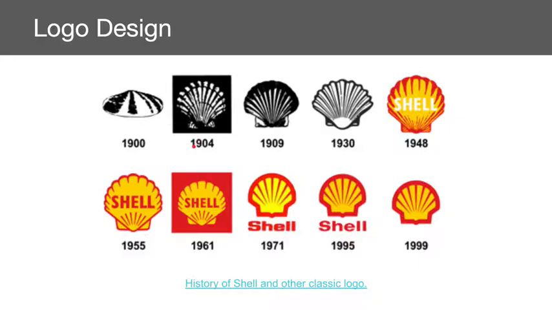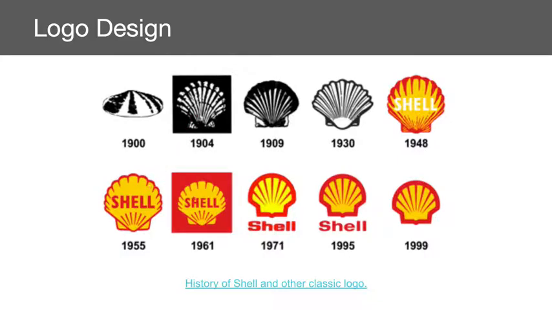But then you can see how it progressed a little bit into a full profile view of the shell, and then it becomes more reduced over time. It's less detail. And then they added the typography on top of it. And then it's becoming even far less detailed than what it originally was compared to 1904.